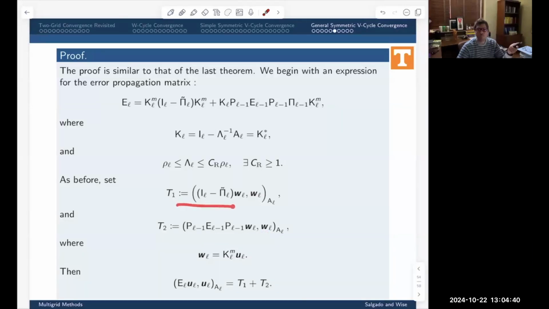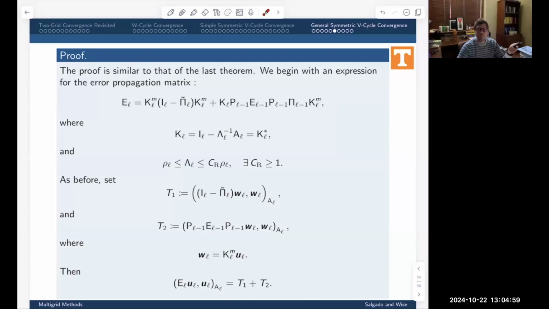So this is the 2-grid error, and this is the perturbation to that, because we're not actually doing the 2-grid method, we're doing multigrid. That gives an extra little error, but that extra error is confined to this term T2. So let's see how this goes.